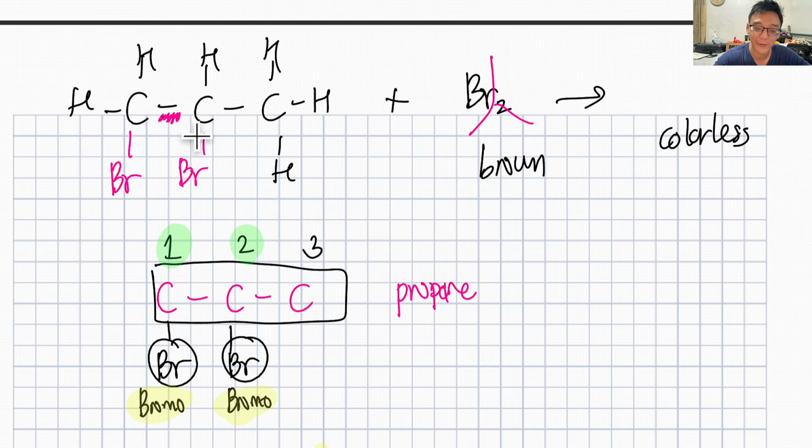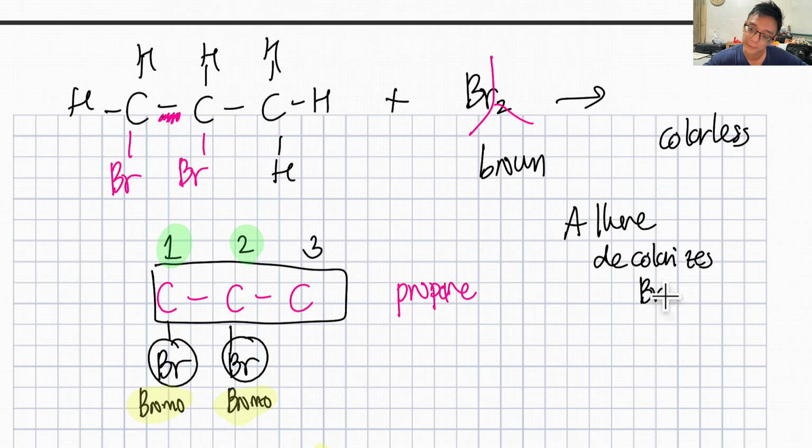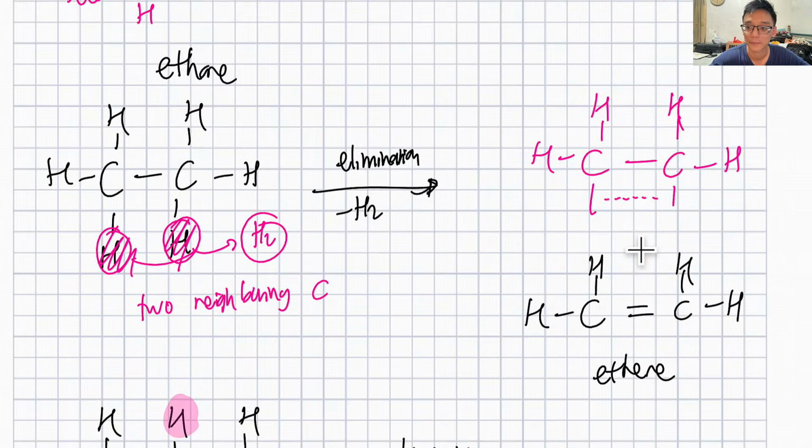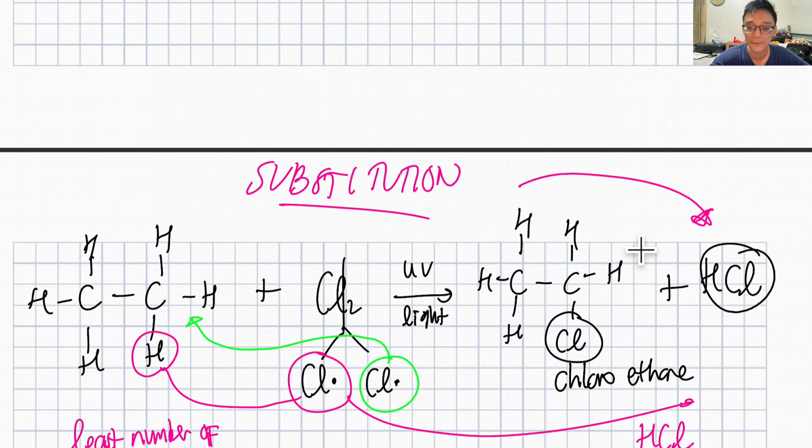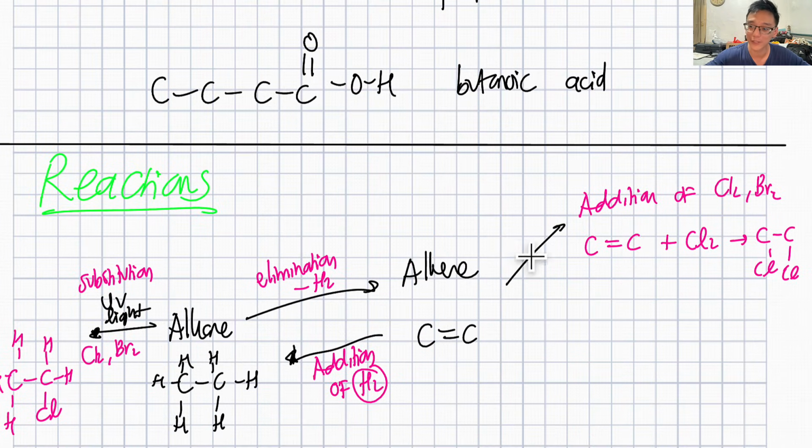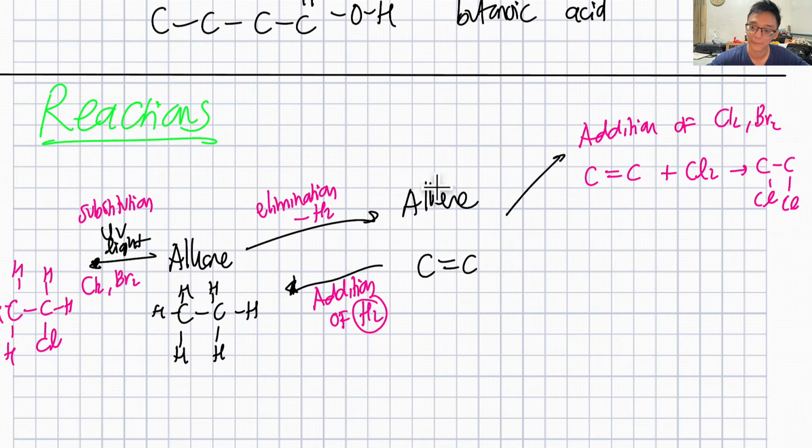So that is why we often say that alkene decolorizes Br2 solution. So anything that contains a double bond can decolorize Br2 solution or Cl2 solution. They have distinct colors. Okay? So this is called addition because everything goes in.